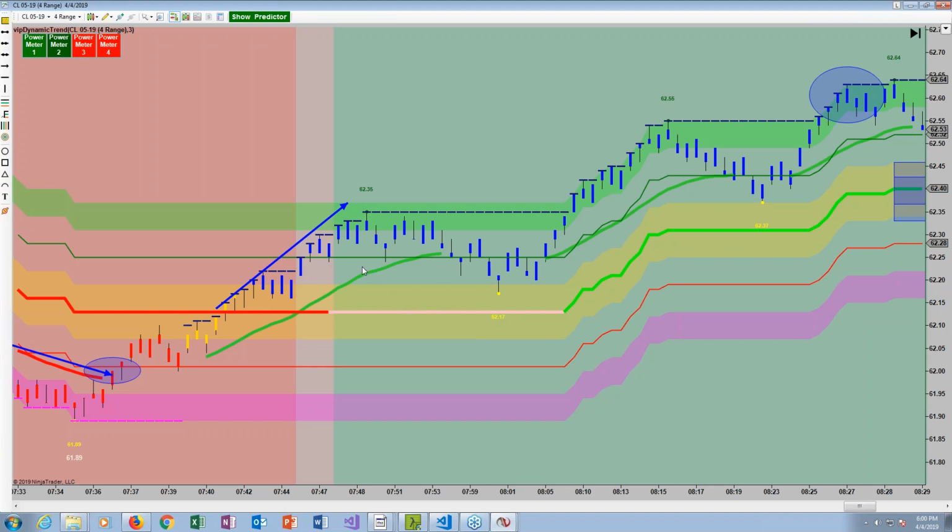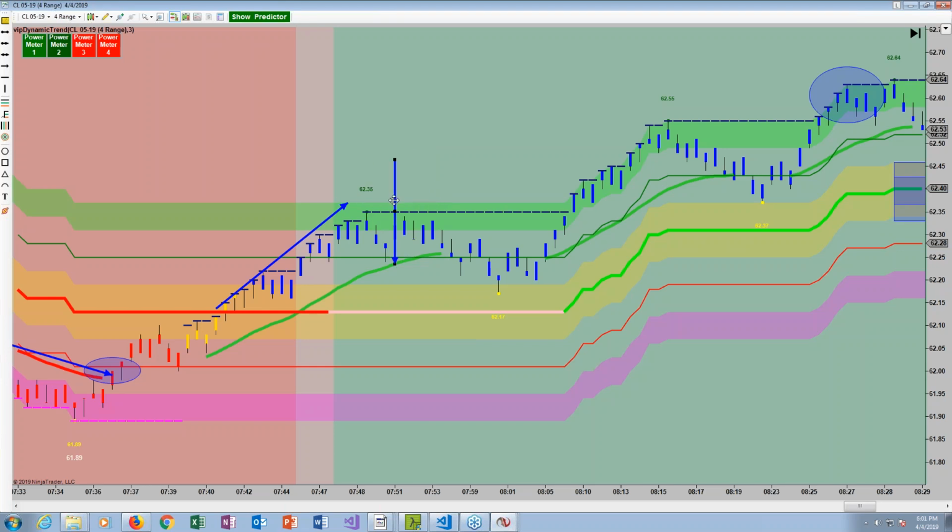Now the definition on the long side of a minimum criteria trade is it has to do at least 2 things. First of all, it has to break the stealth line and close below it, which is the sneaky snake line right here. The green line is called stealth.